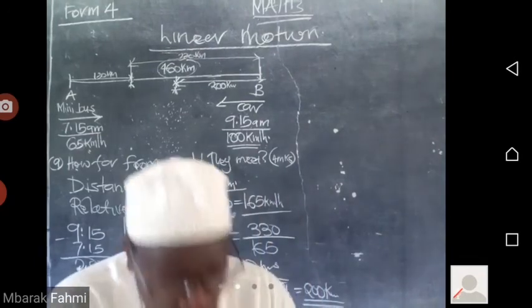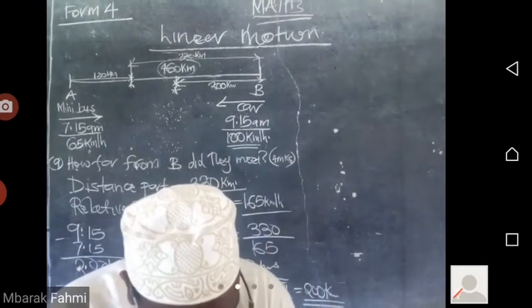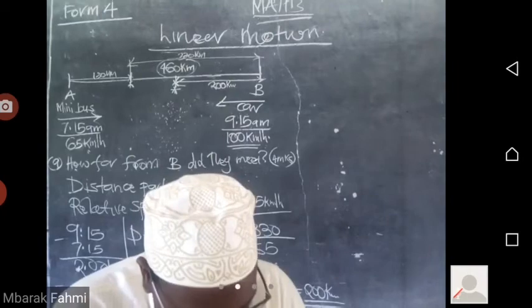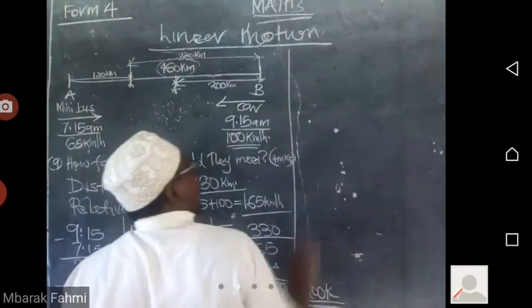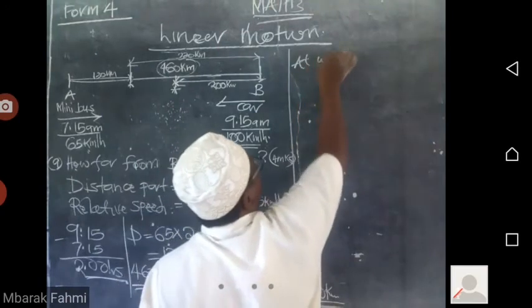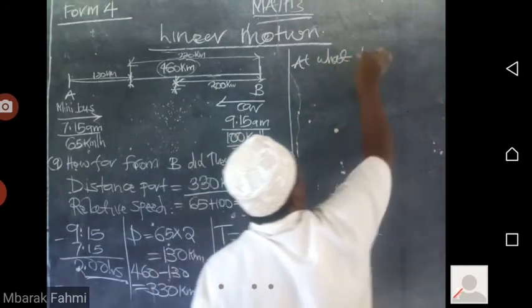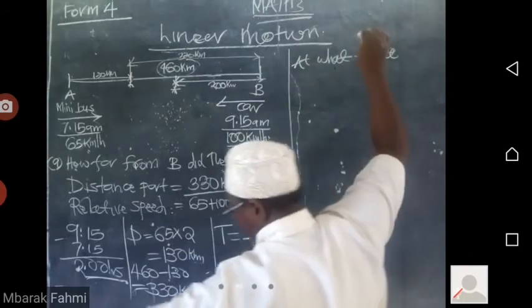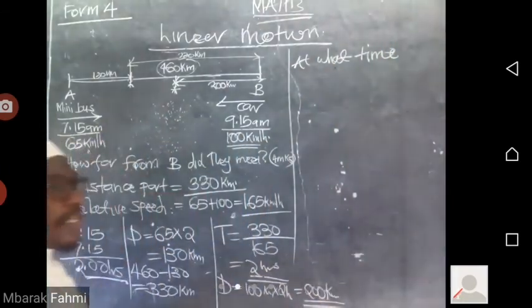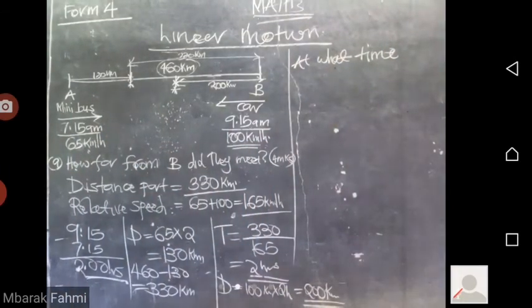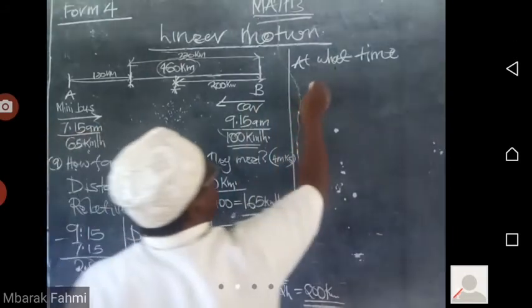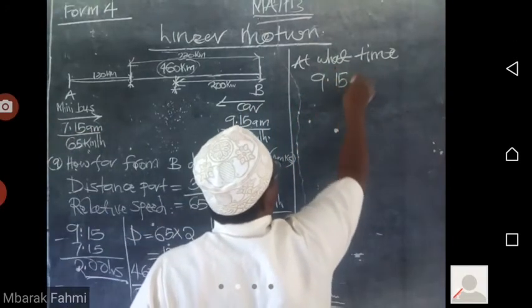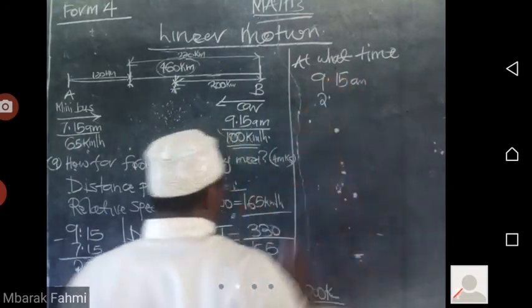Okay. Part B of the question, that was 4 marks. Part B, you tell at what time the two vehicles met. What exact time did they meet? Okay. So, at what time? It will be 9:15 a.m. We need to add 2 hours.